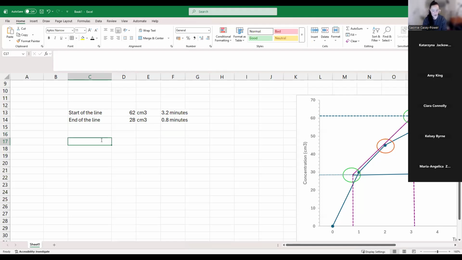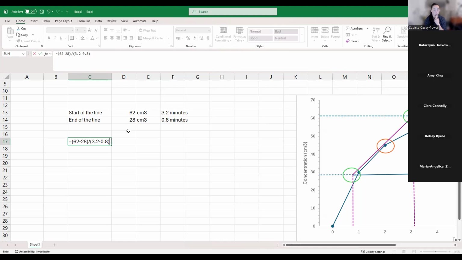So from what I just said, we have our concentration at the start of the line, which is 62 centimeters cubed. The concentration at the end of the line is 28. Our time at the start of the line is 3.2, and I'm going to minus our time at the end of the line, which is 0.8.